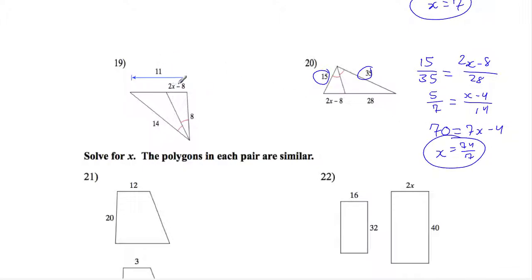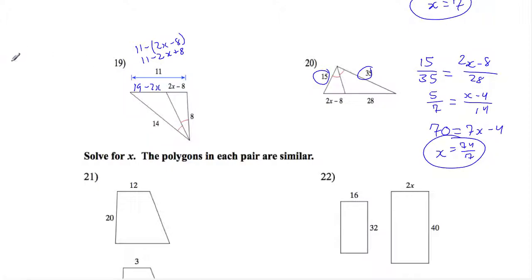Over here, if this side is 2x minus 8, this side here is going to be 11 minus 2x minus 8. Distribute the negative, so I get 11 minus 2x plus 8. 11 plus 8 is actually 19 minus 2x.